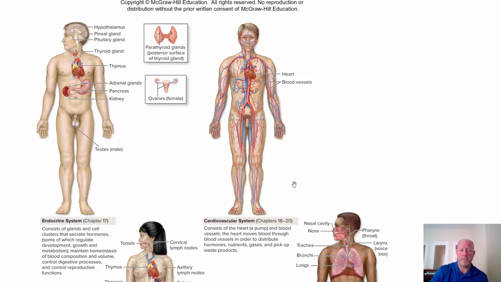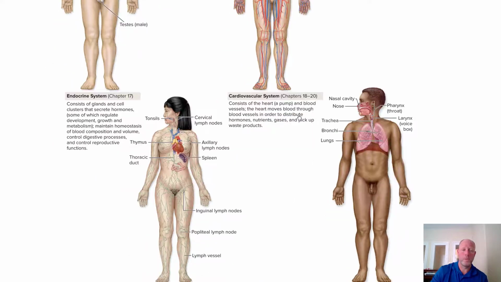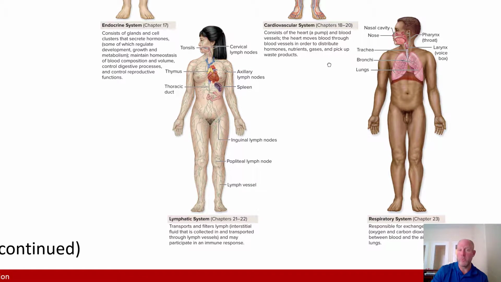That's in order to distribute energy, but also to distribute hormones, get nutrients and gases across barriers, and pick up waste, right? And then our lymphatic system is part of our immune system. It transports and filters lymph, our interstitial fluid that is collected, and interstitial fluid is a significant fluid component within the body.